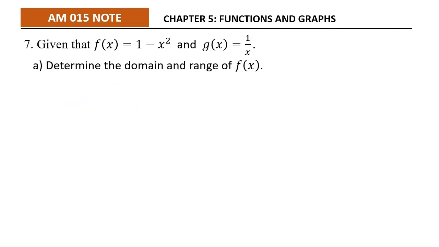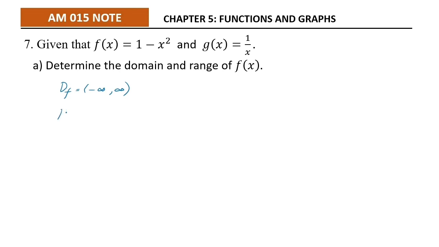Last example, given that fx equals 1 minus x squared and gx equals 1 over x. Determine domain and range of fx. For function fx, 1 minus x squared means this is a quadratic function. The domain for a quadratic function is any value for x. x is x squared, so x can take values from -infinity to infinity.